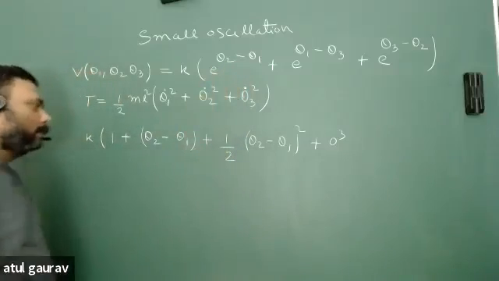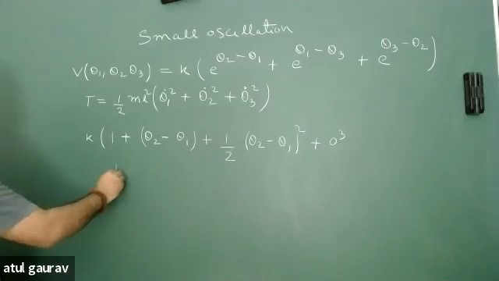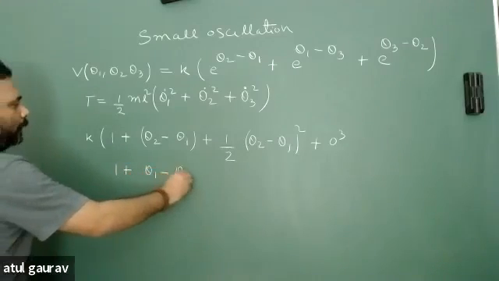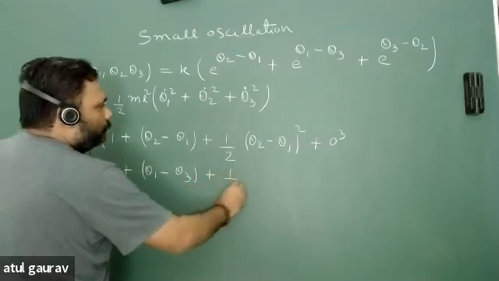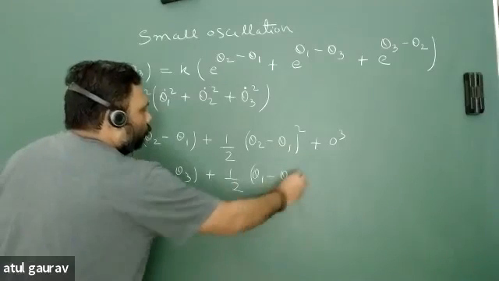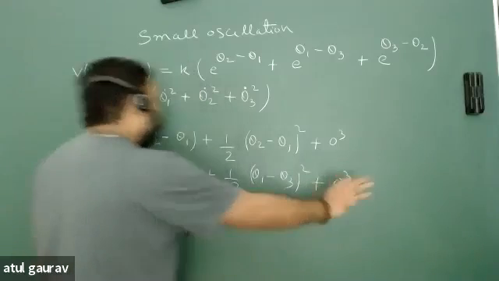I am just doing the Taylor expansion for this. Second, we go again for 1 plus (theta 1 minus theta 3) plus half (theta 1 minus theta 3) whole square plus order of cube.